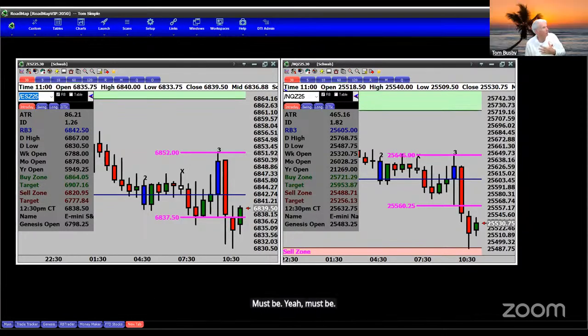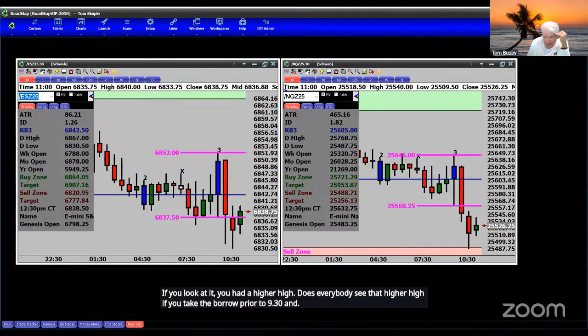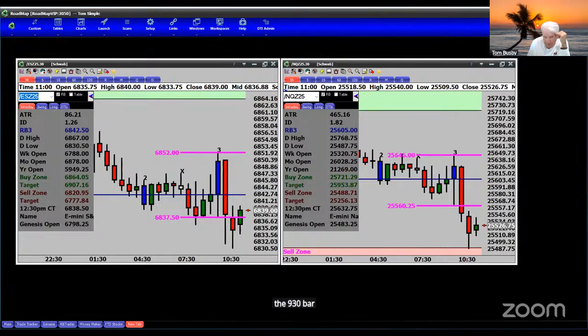One thing I want to show people is what I look for. What I look for is the last two bars. Coming into 9:30 this morning, you had a higher high. Does everybody see that higher high? If you take the bar prior to 9:30 and the 9:30 bar on the S&P, everybody see that?